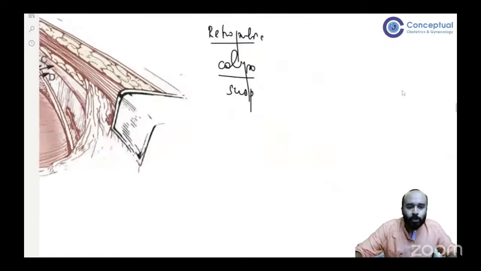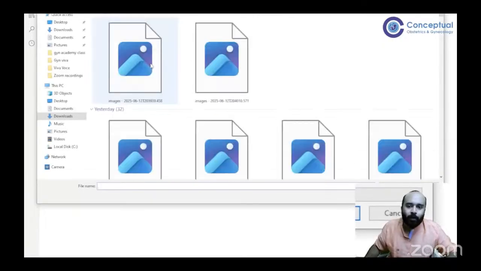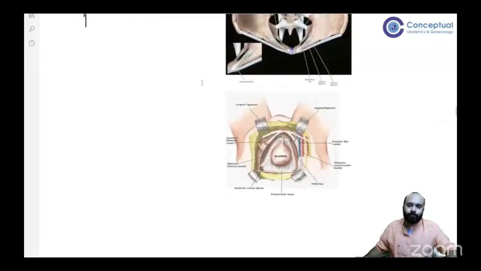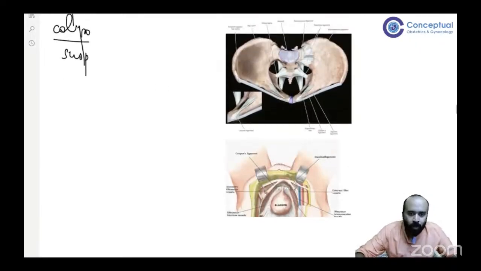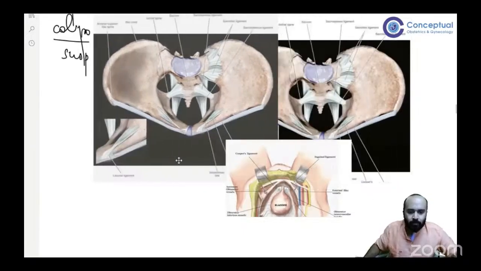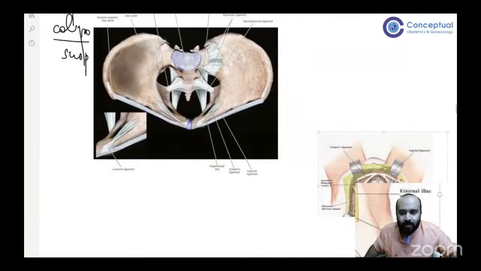I will first show you a bit of anatomy. So in this anatomy, I'm going to show you a bit of anatomy of the pelvis so that you can relate better to the anatomy before I talk about these two surgeries. Now over here, you can see that this is a bony pelvis.